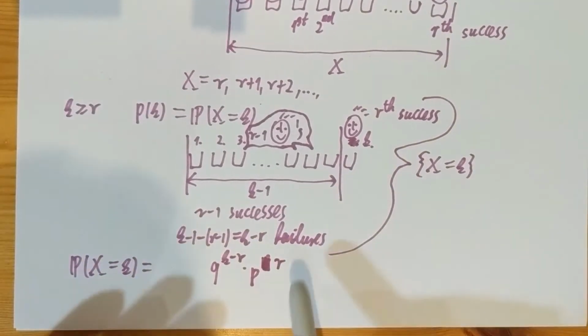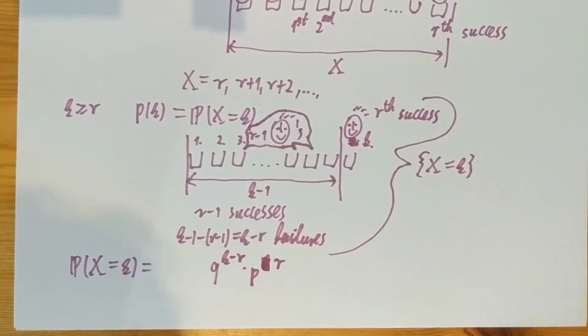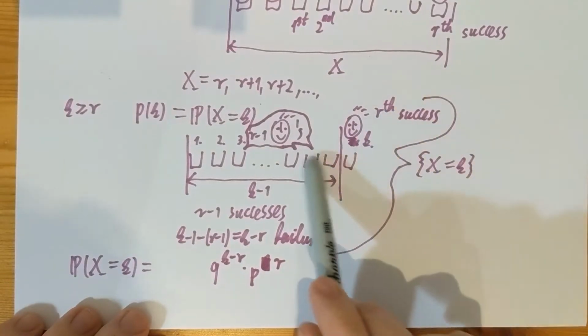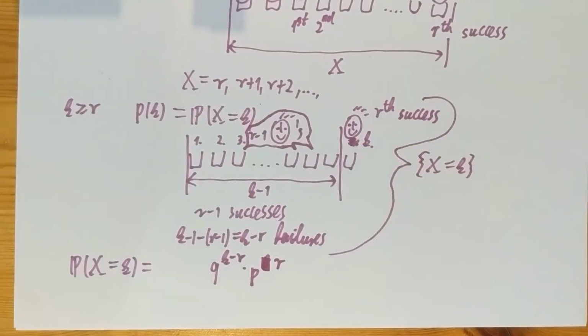So we have K minus R failures occurring in some order. We have a total of R successes, because this is the R success. We have R minus 1 here and the last one. So that's a total of R successes, K minus R failures.